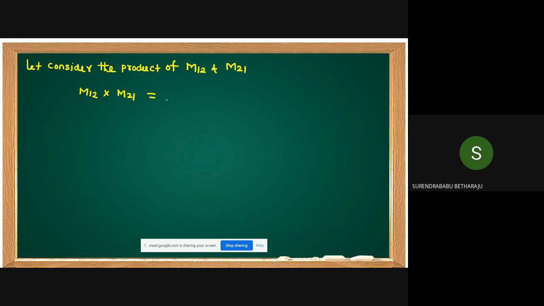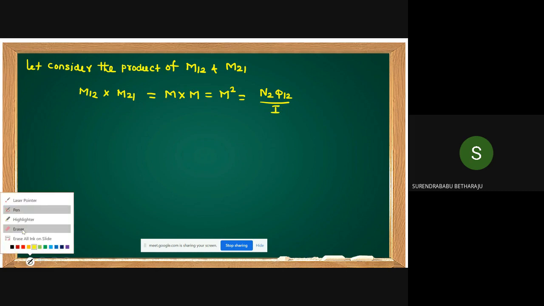M12 equal to M21 equal to M, that is M into M, for the same coupled coils where the medium is constant and the distance is also constant. That is equal to M square. What is M12, students? We know that M12 equal to N2 into pi 12 by I1. Is it correct? N2 into pi 12 by I1, or directly I am writing K into pi 1 by I1.